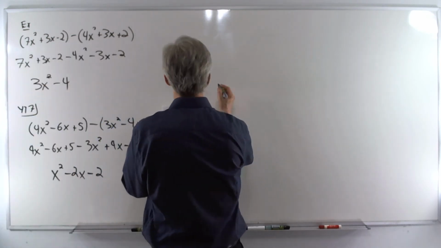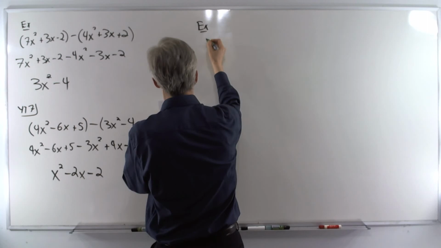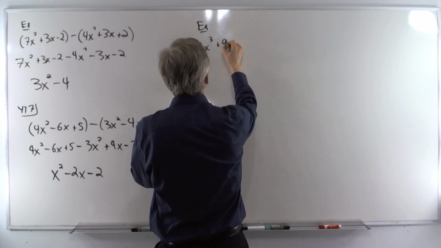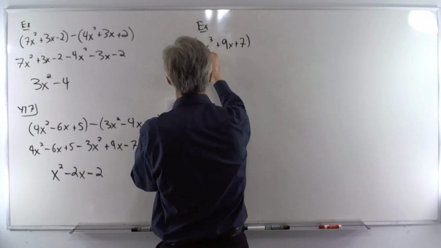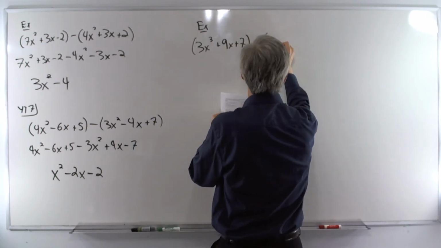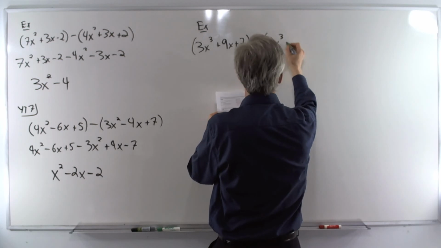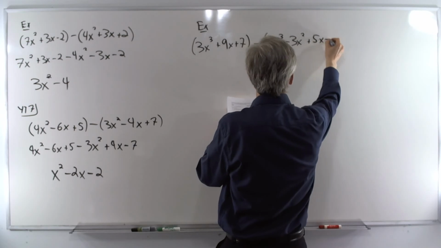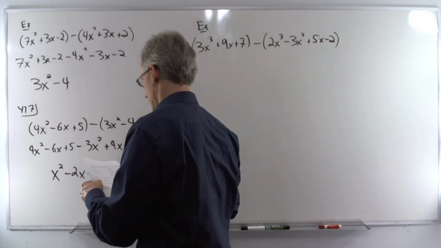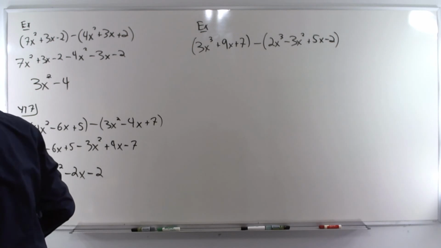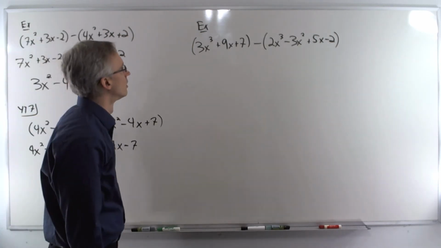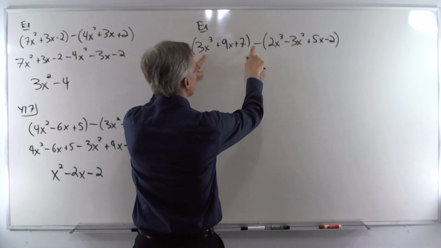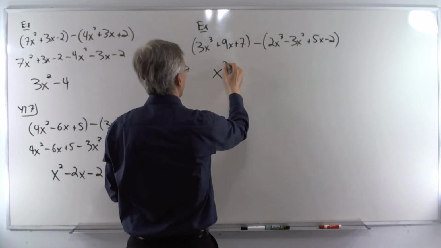Alright, now we're going to look at subtraction with some missing terms. Alright, so we'll start with the x to the third terms. 3x to the third minus 2x to the third, that is x to the third.